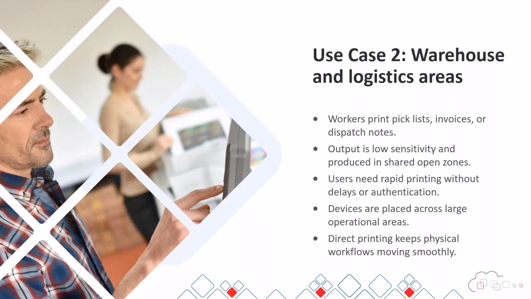These low sensitive documents are produced in shared environments, so authentication just adds another delay without any real benefit. Devices are often spread across large operational zones, so users need fast, predictable printing at the nearest device for their convenience. So universal output queue supports this by sending the jobs directly and keeping workflows moving.